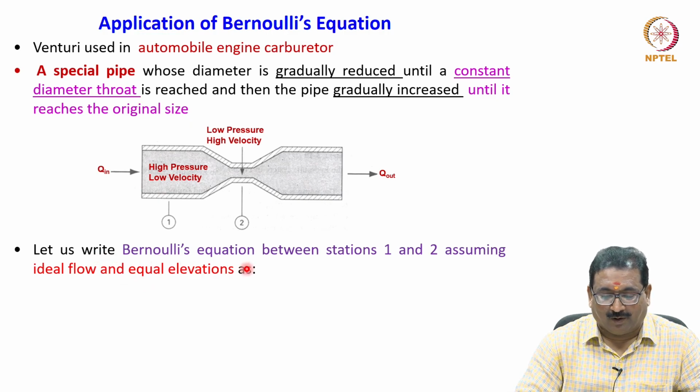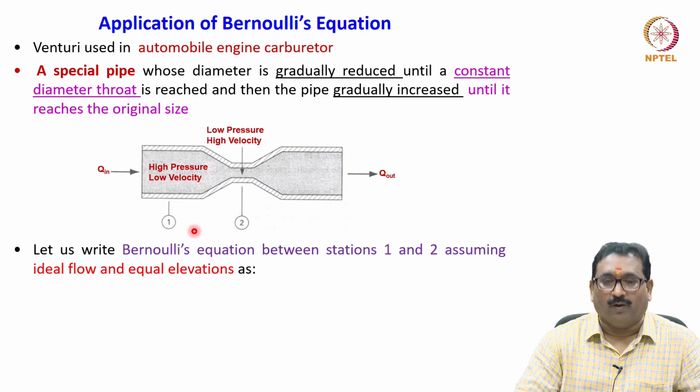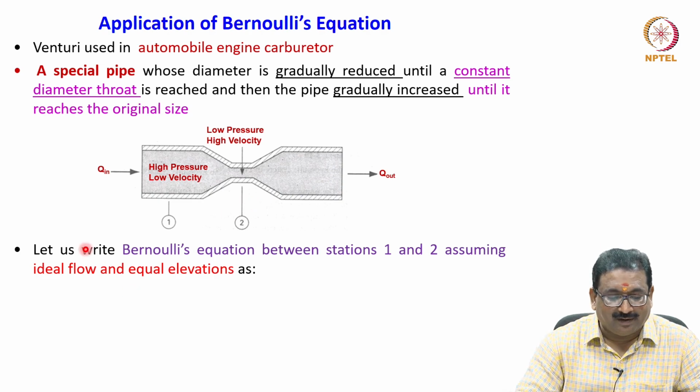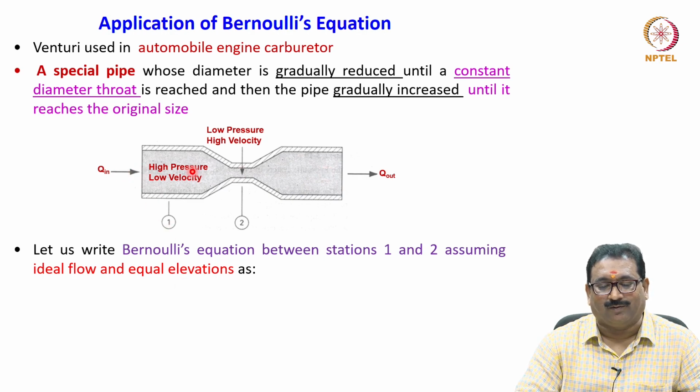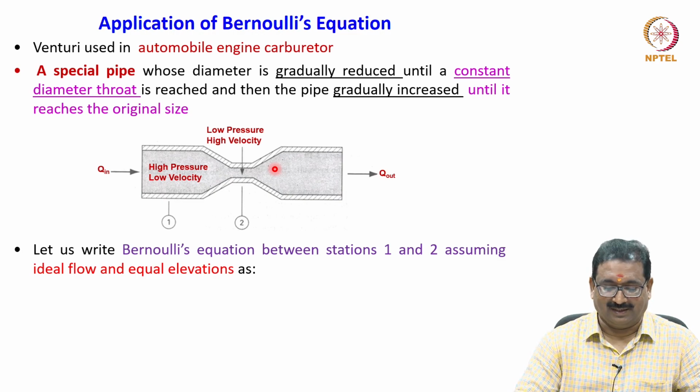Let us write Bernoulli's equation between stations 1 and 2. I am applying Bernoulli's equation at station 1 and station 2, assuming ideal flow and equal elevation, meaning Z1 equal to Z2.